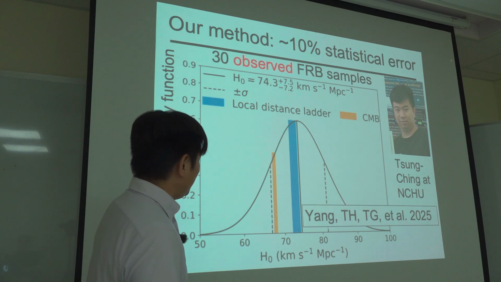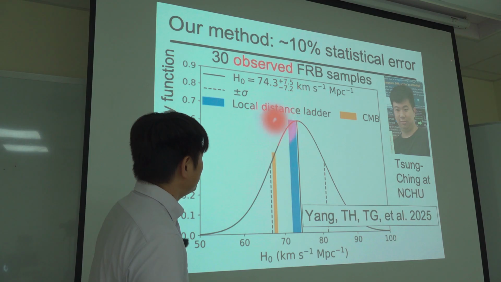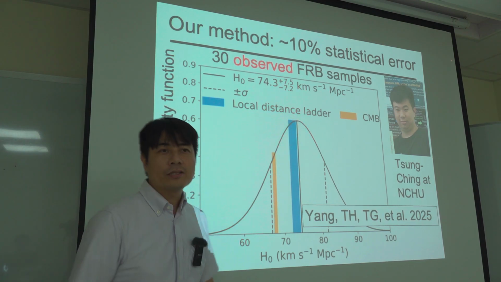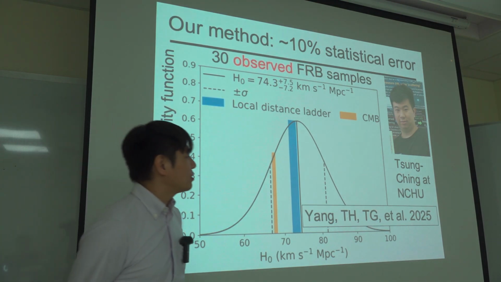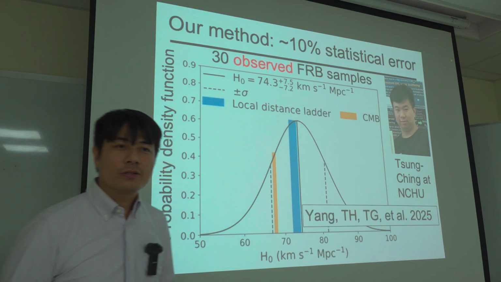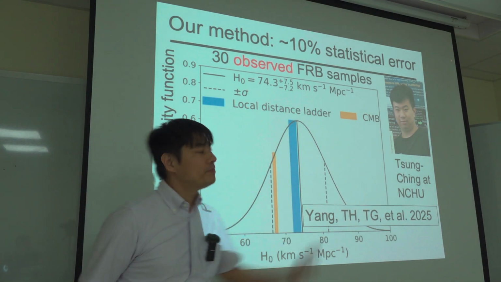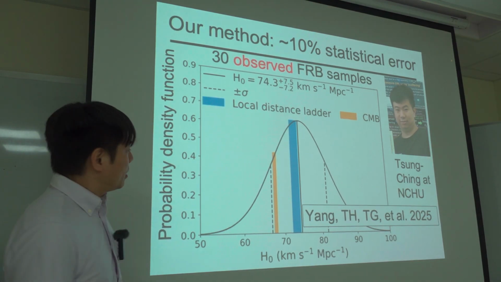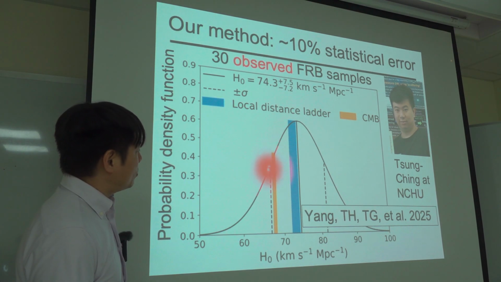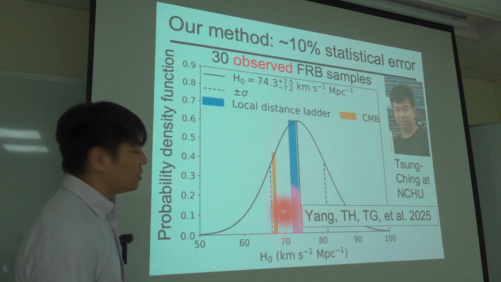If we look at Zhongqin's constraint, the peak is actually closer to the local distance ladder. We may say it supports the type Ia supernova results, using fast radio bursts for this particular paper. But it is also true that the CMB result is within 1 sigma of Zhongqin's method.